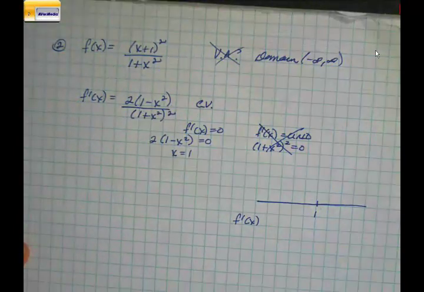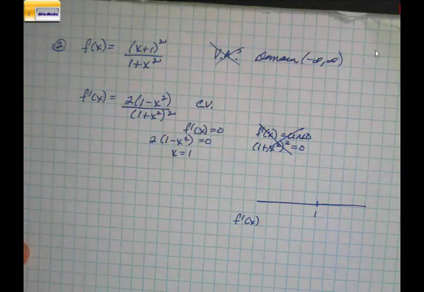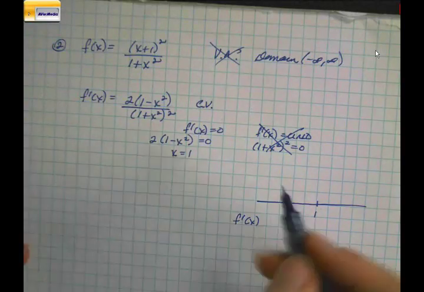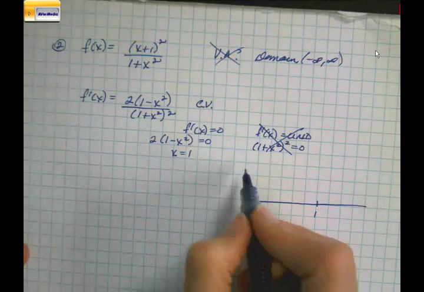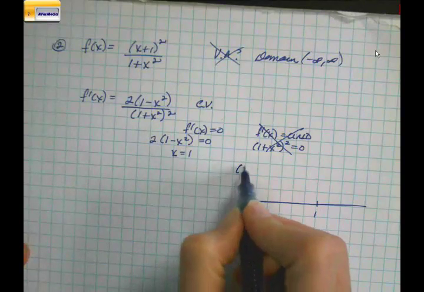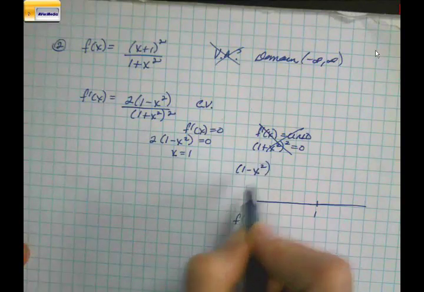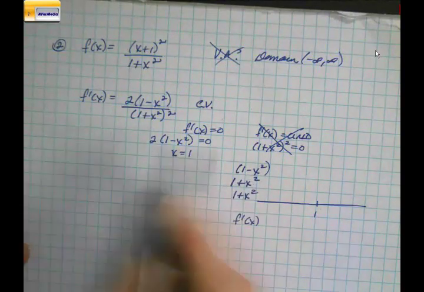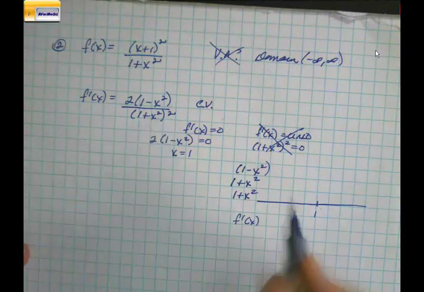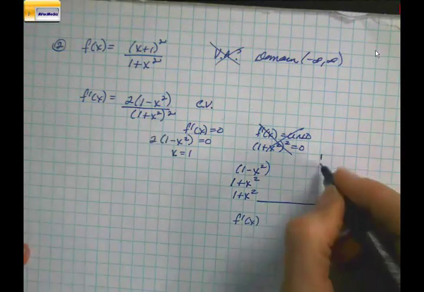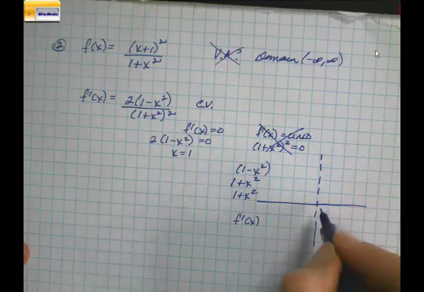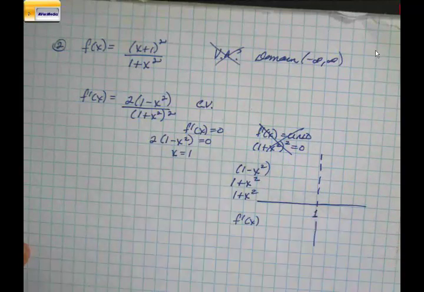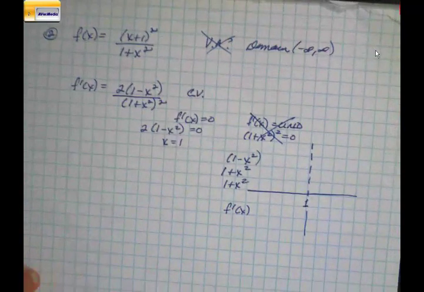So we would do 1 minus x squared, and then 1 plus x squared twice, because 1 plus x squared is squared. So we'll form their product.